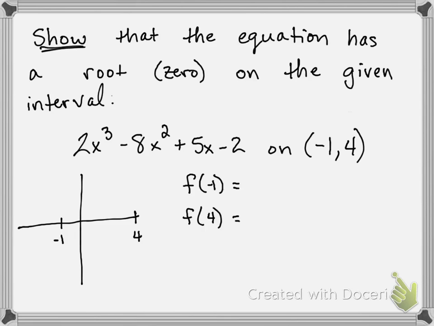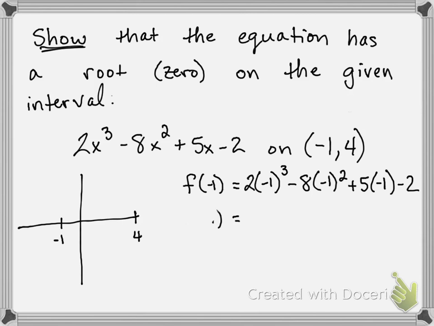This is y'all's example 1, I believe. If I plug negative 1 into this, what is that? 2 times negative 1 to the third minus 8 times negative 1 squared. If I plug all that in, what is that?